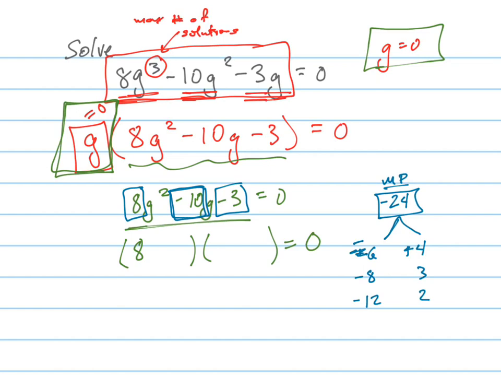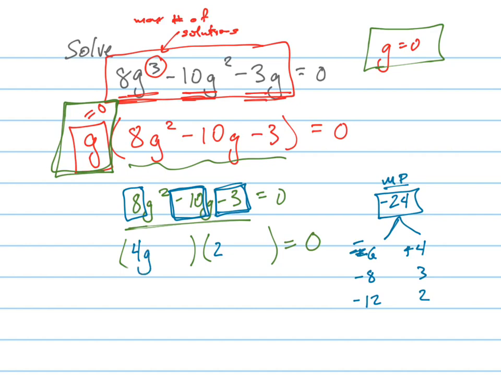Okay, now I'm not going to keep doing the master product method, but I'm now just going to go to the guess and check method, because I know it does factor. Now I'm going to have to take 8 and break 8 up into 4 and 2. And I'm going to have to break negative 3 up into negative 3 and positive 1, or positive 1 and negative 3, or negative 1 and positive 3.